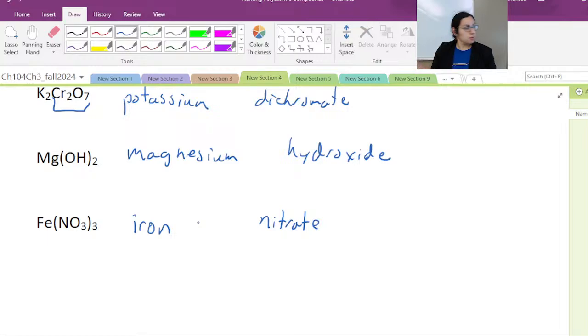Anybody remember what we need to add? Yeah, iron 3. So don't forget those Roman numerals. So excellent, make sure you put iron 3 nitrate.